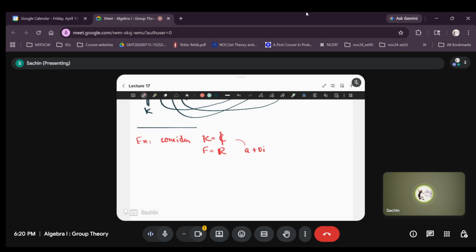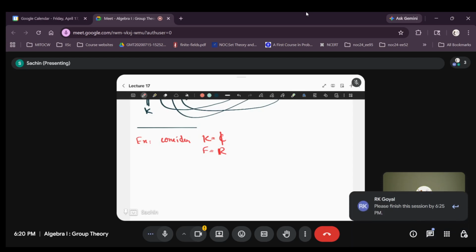That would be an element of the complex numbers. So in that sense, R is a subset of C. But R is also a field, C is a field, so R is a subfield of C.